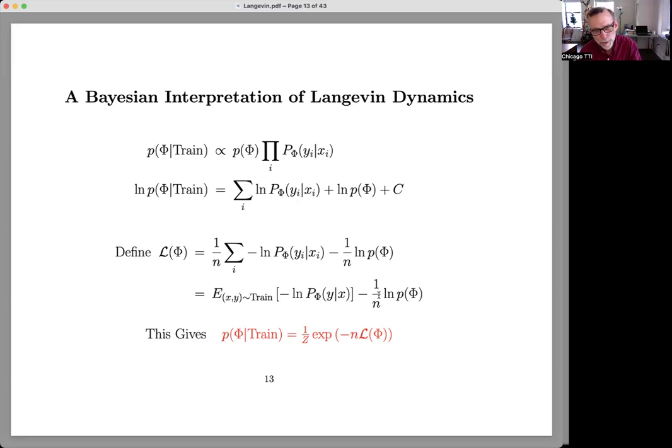And here I've incorporated a prior probability, and you can incorporate that into the loss function. You can define the loss function to involve a prior probability, and that's called regularization. But the bottom line is that the posterior distribution on the model given the training data is proportional to 1 over z times an exponential in the loss of the model, where this grows with n, the size of the training data.